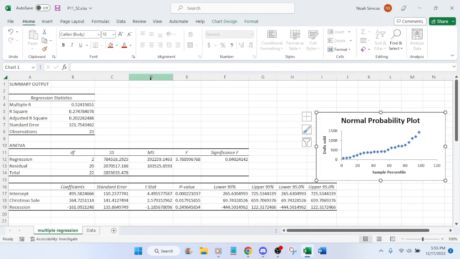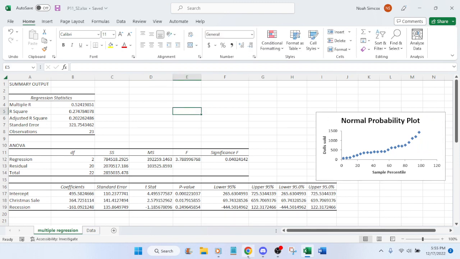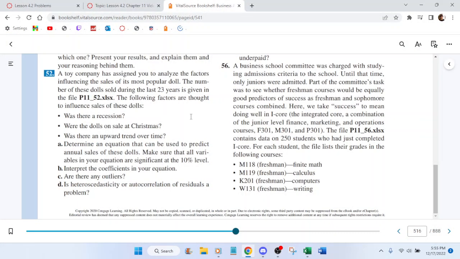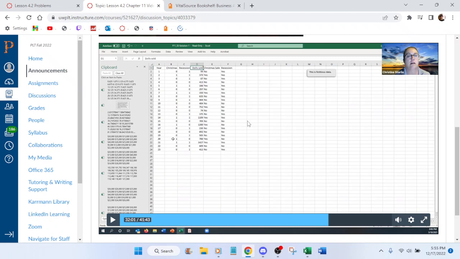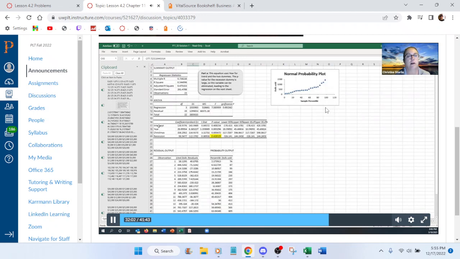Where's the question? Did she even list the equation for this? We have our intercept, our year, our Christmas, and recession, so we got 28, 358, negative 90.